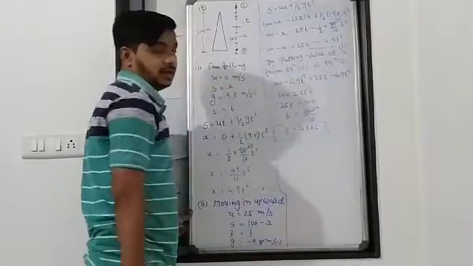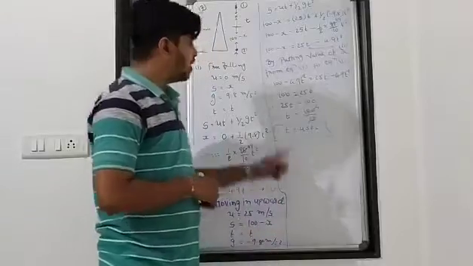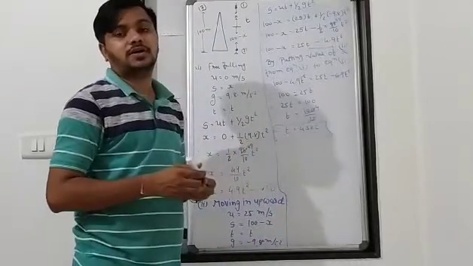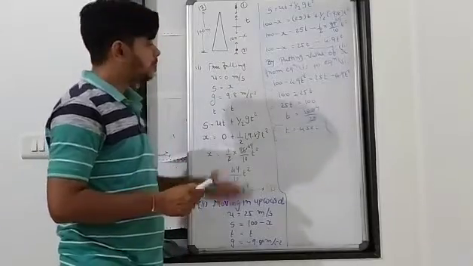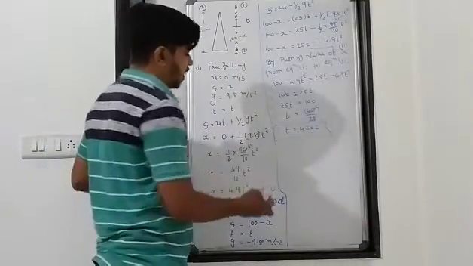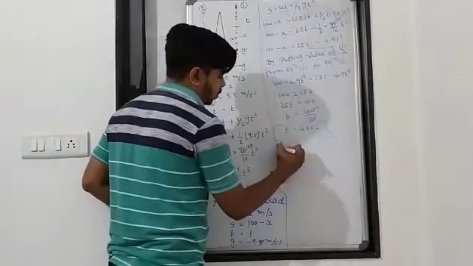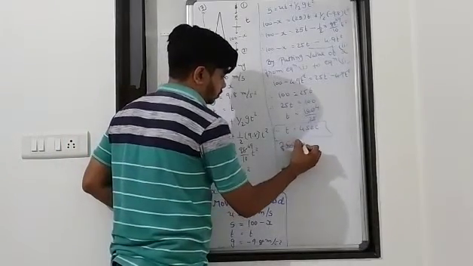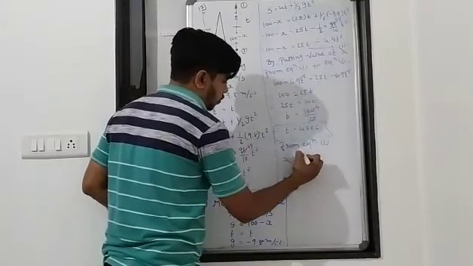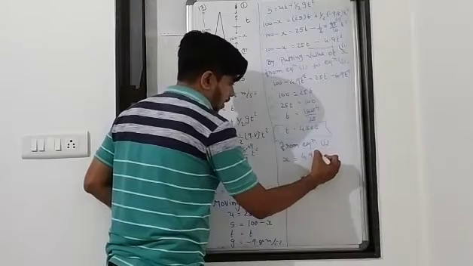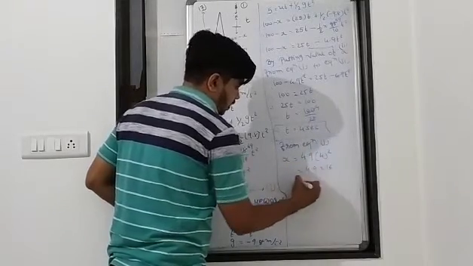At which time do they meet? It is also one of the questions. They meet at 4 seconds after the start of their journey. But where? For that we have to find x. So from equation 1, by putting the value, x is equal to 4.9 t square, so 4.9 into 4 square, 4.9 into 16.